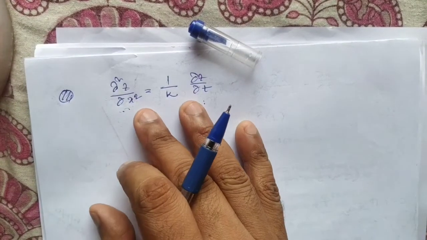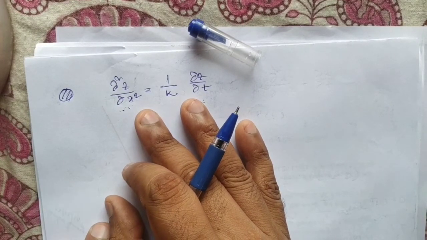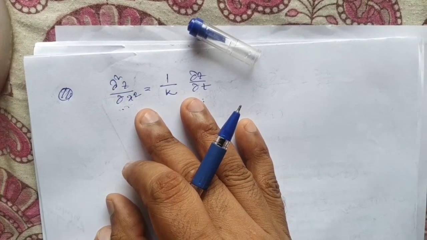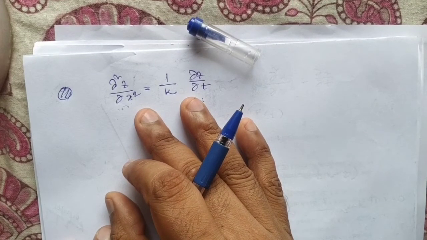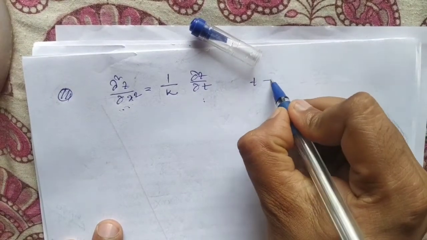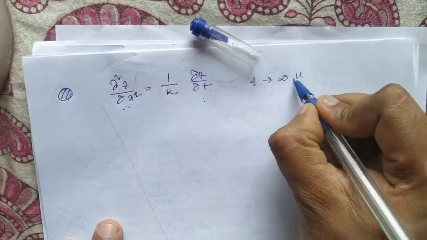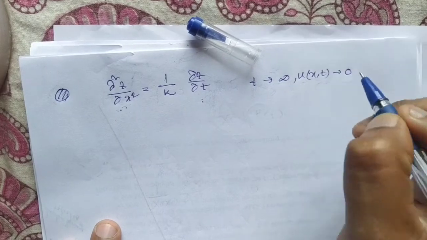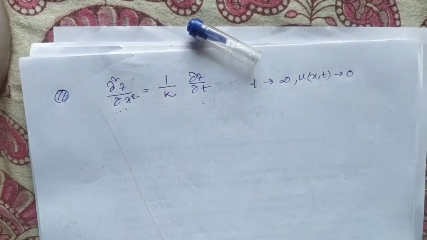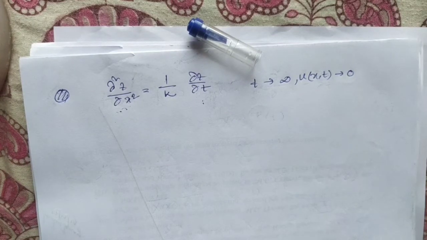This is actually the physics of this problem, and this solution should be confined by one condition: whenever t is going to infinity, u(x,t) should be going to 0. So actually this means that when infinite time has passed, your temperature will be almost 0. Everything will be cooled down.